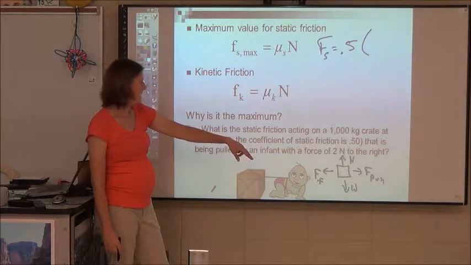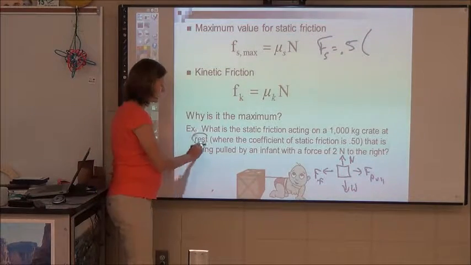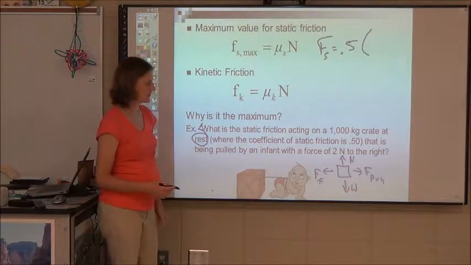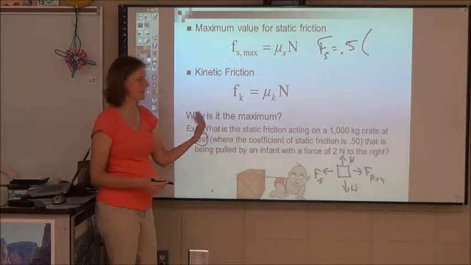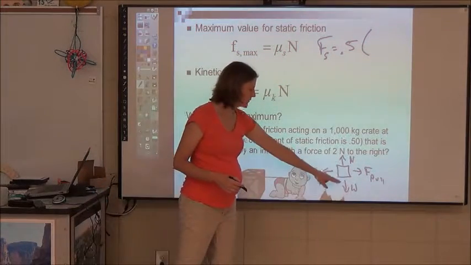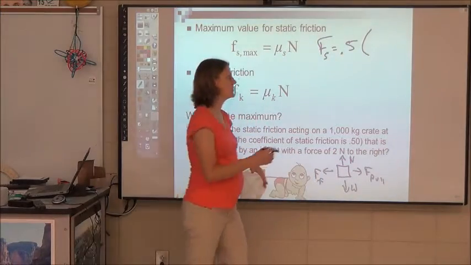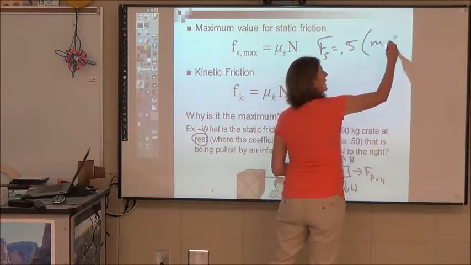I got weight down, normal force up. It does say this object is at rest, so I know all these things sort of equal out. Ups equals down, left equals right. So in this case, normal force equals the weight.